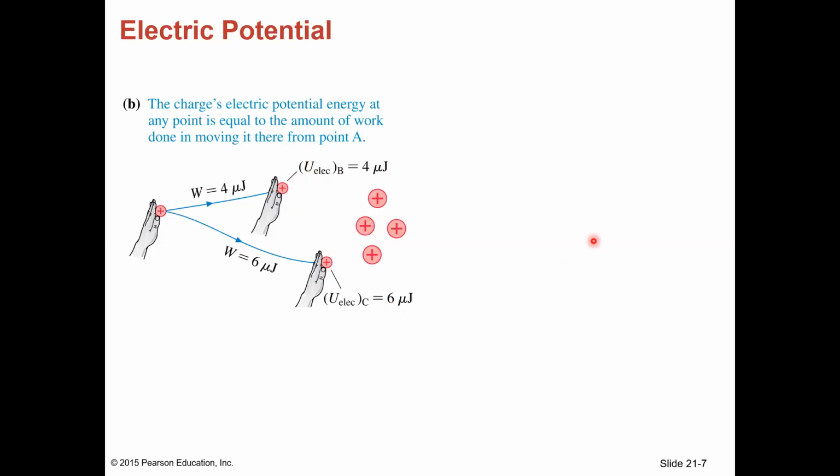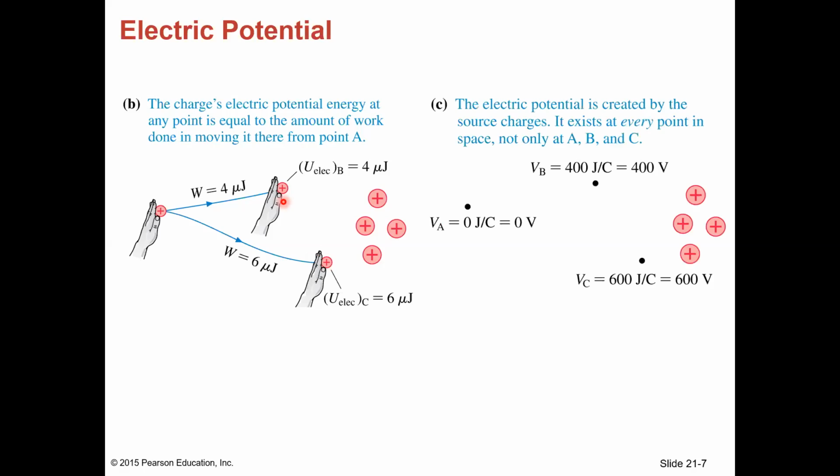All right, now let me take out that charge. Sorry. I'm going to take out this positive charge here and just have points in space. So that's how it looks. Those points in space now have voltages created by these charges.